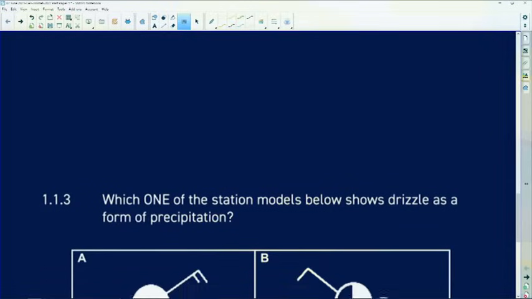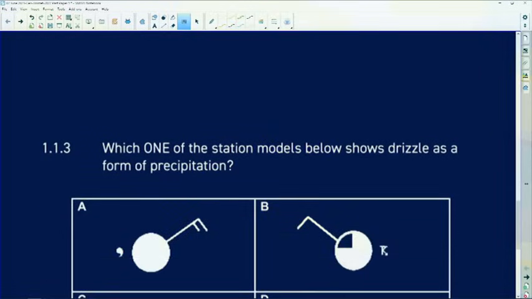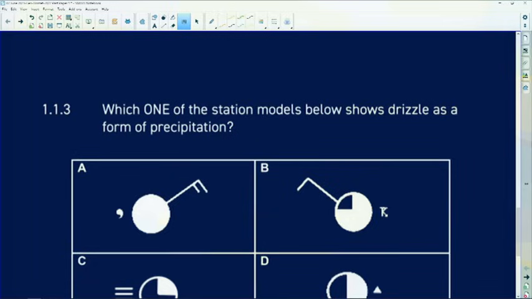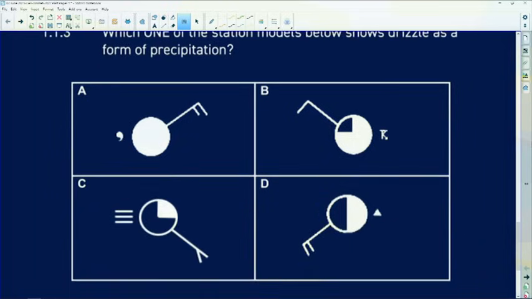If we look at our next question, and this is what I just mentioned a couple of seconds ago, our precipitation. Okay, if you look at question 1.1.3, which one of the station models below shows drizzle as a form of precipitation? Now, as you can see, first and foremost, precipitation that we see over here is this symbol over there.